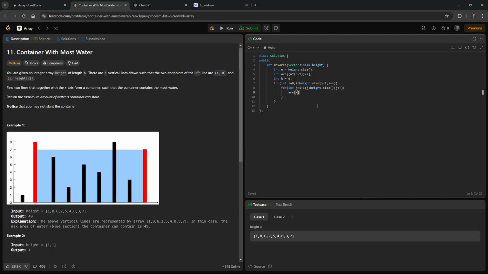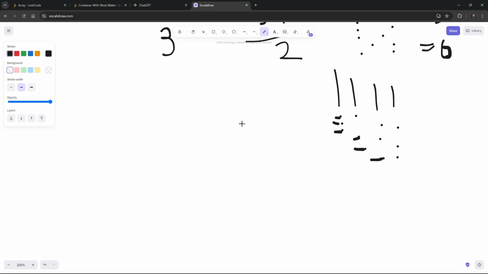I will put k here, and I will multiply I cross R, height j, right? So this will give the area of each element, and I have to increase k by 1, increment k each time.